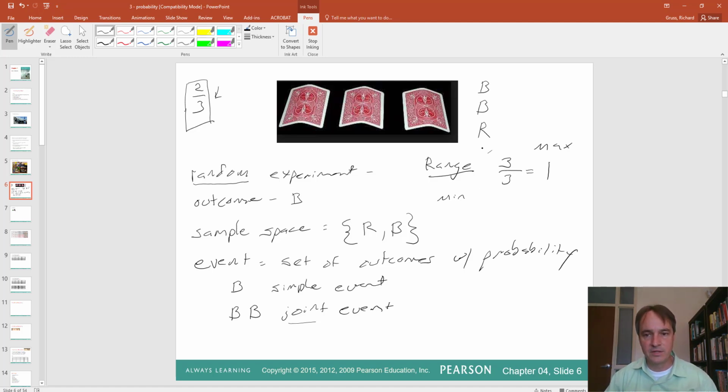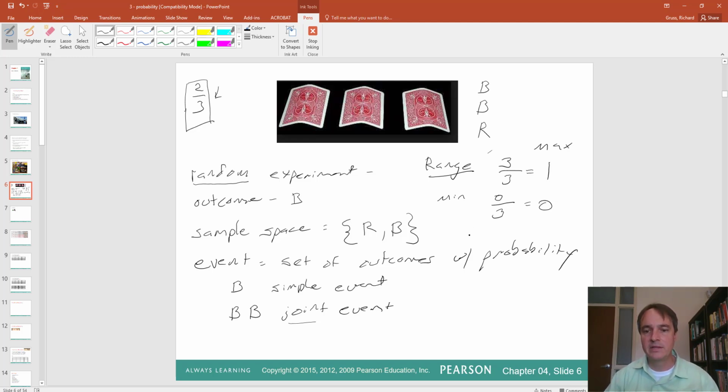Okay, so let's think about what's going to be the minimum probability. If I were to put in 3 red cards, then there are 0 ways to get a black card. So we would have 0 out of 3, and so that would be equal to 0. Okay, so we have here a range.